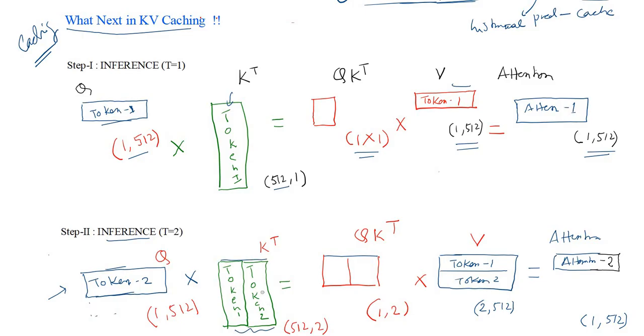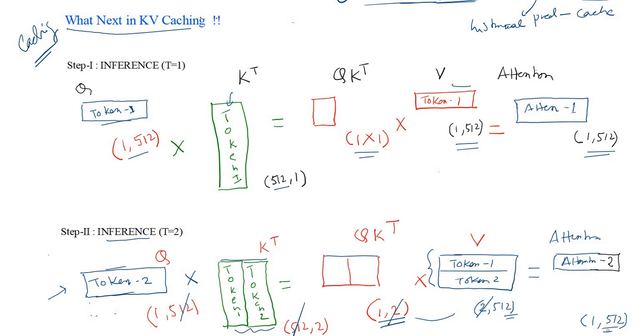So these K tokens are increasing, but these Q tokens are not increasing. In this case, the dimension is 1 cross 2. Again, if we multiply it by V, the inner 2 gets cancelled, so it finally gives a 1 cross 512.